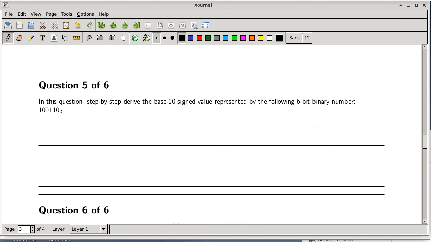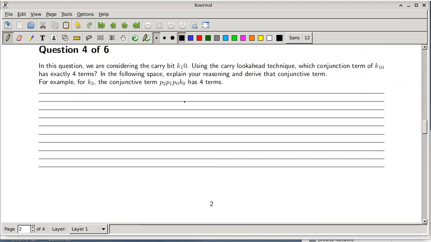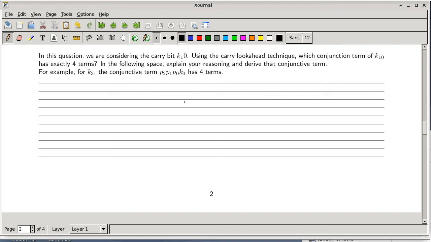Yep. So there are variations of this question. So for number 4, I just said, since it's a carry look-ahead adder, Ki plus 1 is defined by Ki, which is defined by what defines Ki. So can you just say, for K10, the conjunction term is the same as K3, P2, P1, P0, and K0, because it's also defined by K3?